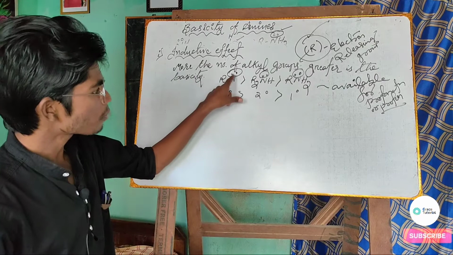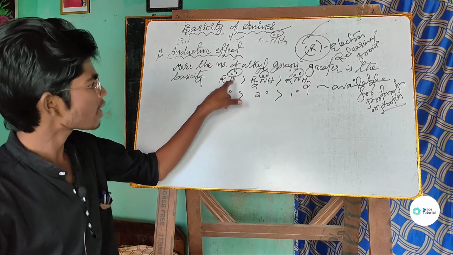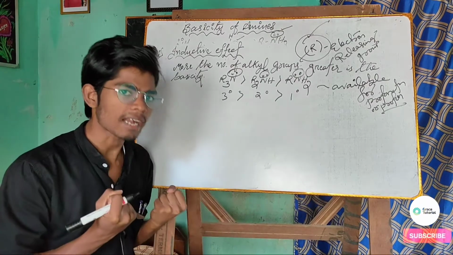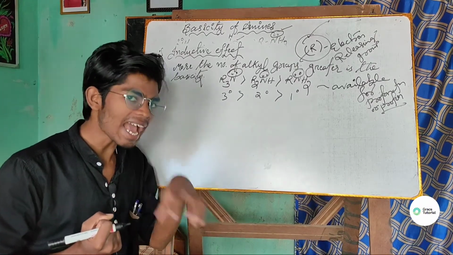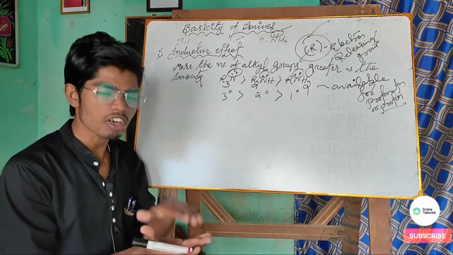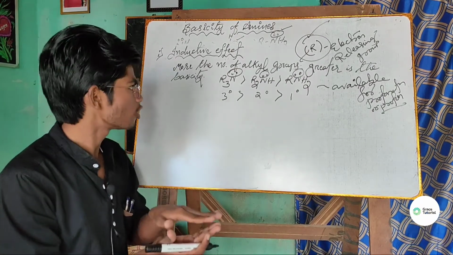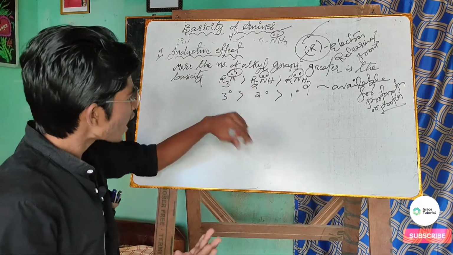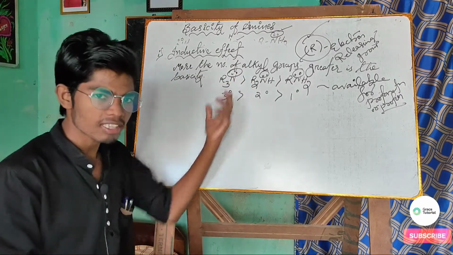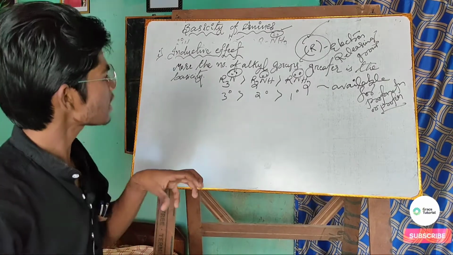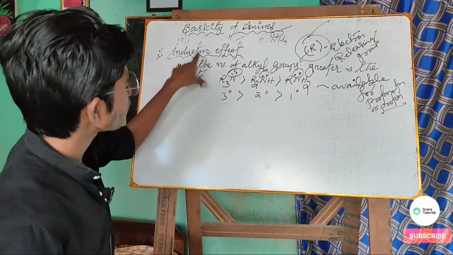This lone pair of electrons on the nitrogen atom is available for proton attack. Since the proton can attack the lone pair of electrons on the nitrogen atom, that's why it is basic in nature. But this basic nature can be explained according to the inductive effect.